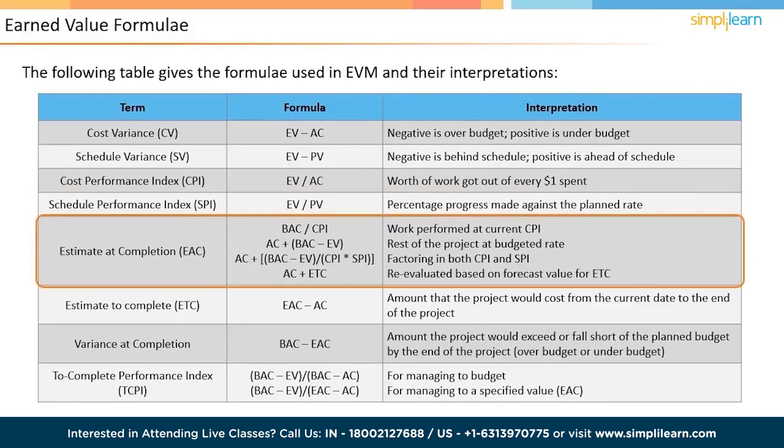There are different ways of calculating the EAC value. The method used depends on how the cost and schedule variances are expected to play for the rest of the project. BAC by CPI is used if you expect that the current cost performance will continue until the end of the project. AC plus BAC minus EV is used if you expect that the rest of the project will be managed at the budgeted rate.